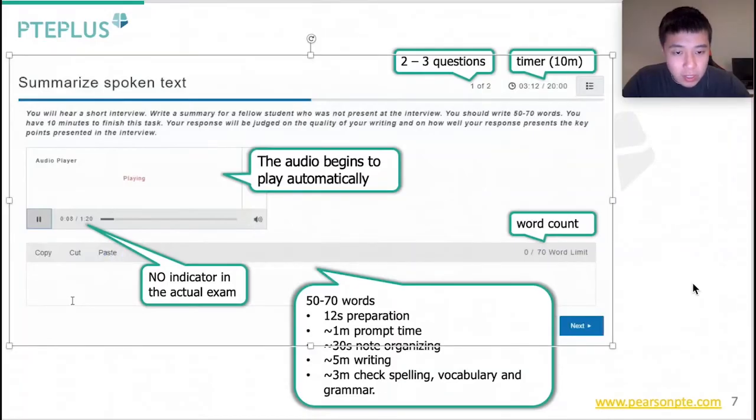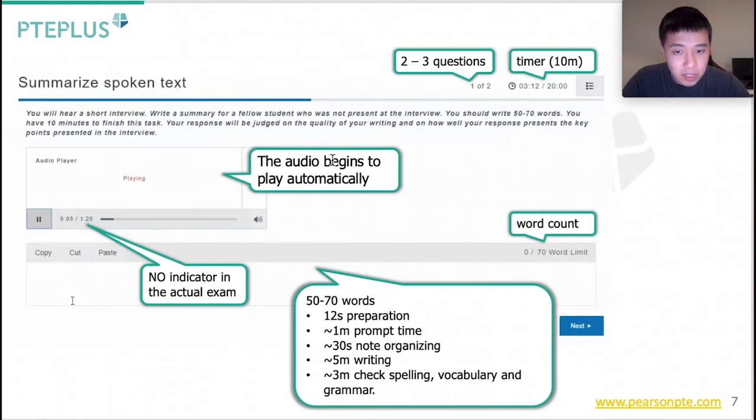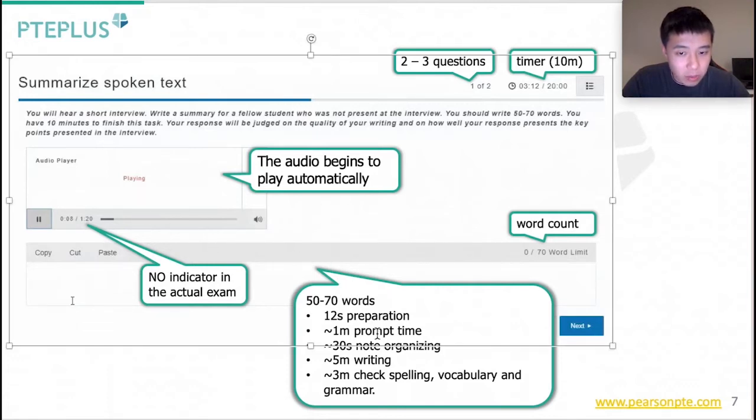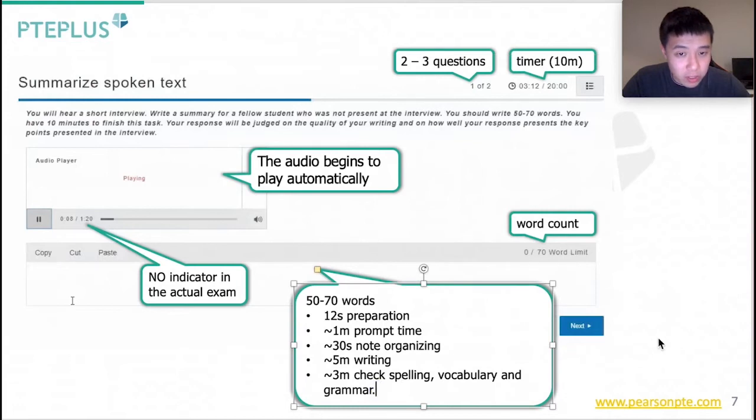Right, so in this question, we need to summarize an audio or a lecture that we are going to hear in the exam, and then we're going to try to meet some scoring criteria. Before getting to the scoring criteria themselves, let's have a look at the user interface.